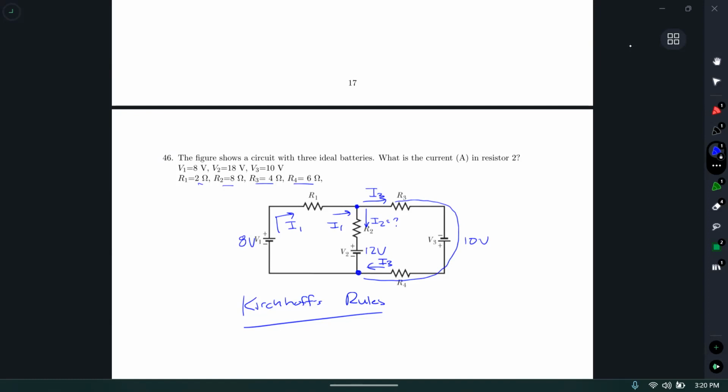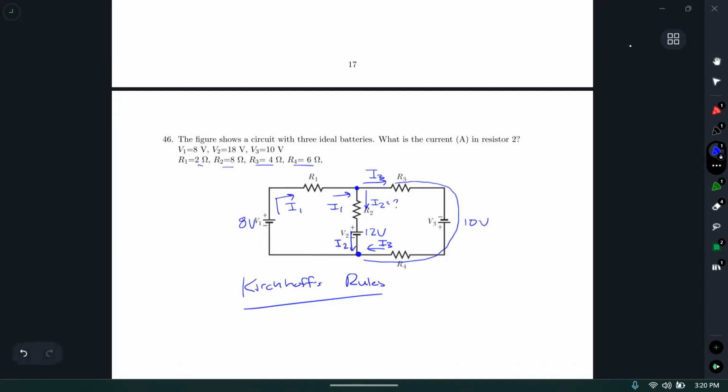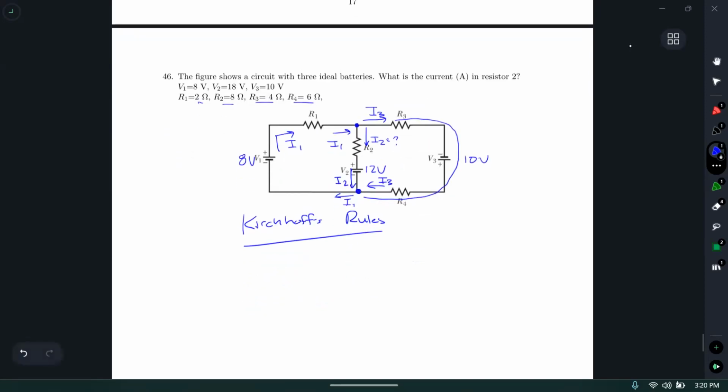There is no place for it to split off. Similar for I2, I'll draw it down this way. Okay, I guess I drew it the wrong way through my battery, but that's okay. We'll see if that's right or not. And then last for I1, I trace it back to that lower junction. Apparently it was leaving that lower junction.